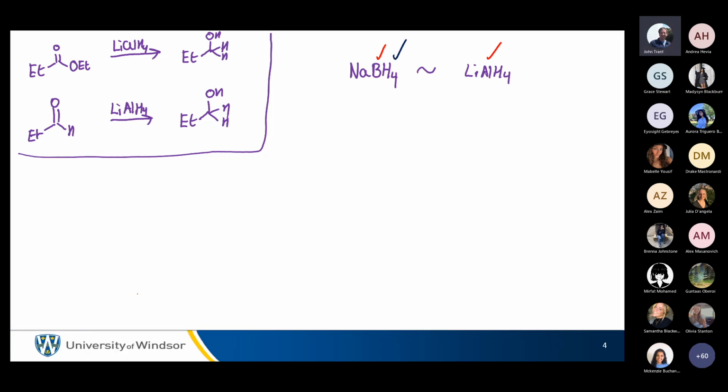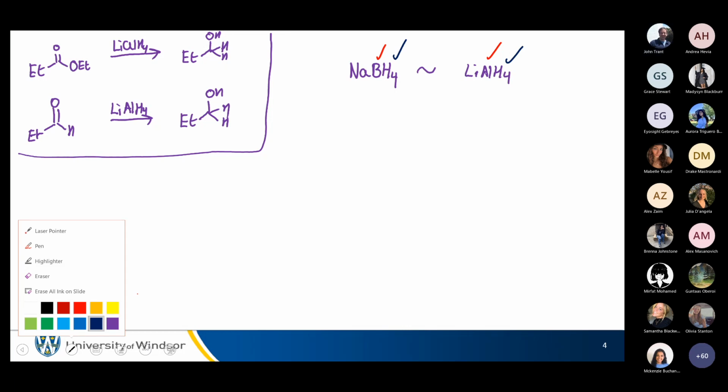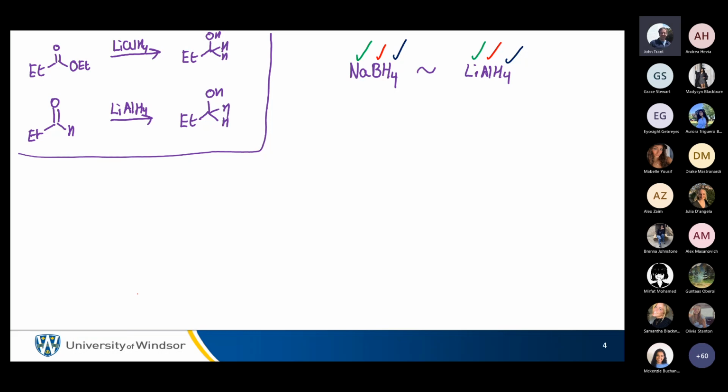In both cases we've got four hydrogens, and lithium and sodium are in the same column. So we have a very similar kind of molecule. Take a second to try and draw what you think sodium borohydride looks like. It's going to react a lot the same way.